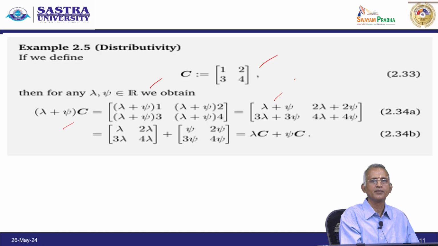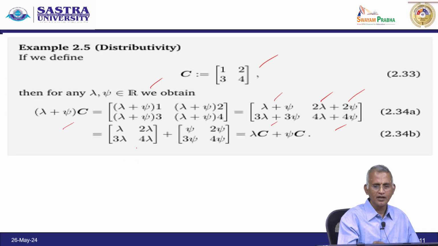Now, for first row first column, lambda plus psi into 1 is lambda plus psi. For first row second column, 2 lambda plus 2 psi. For second row first column, 3 lambda plus 3 psi, and for second row second column, 4 lambda plus 4 psi. Therefore, you can split it into two different matrices.